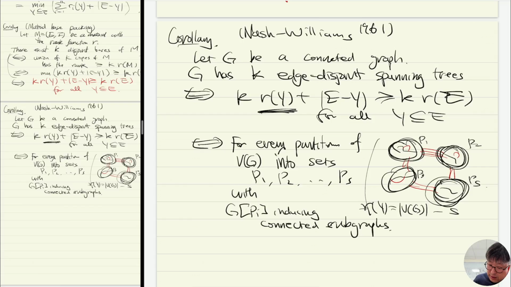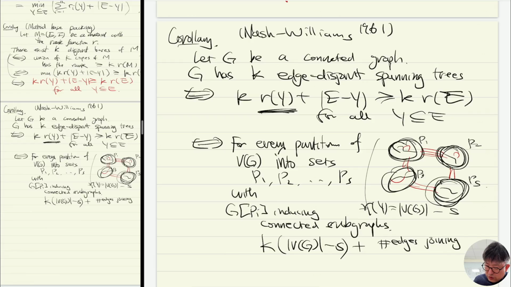now the left hand side is k times rank, which is k times (the number of vertices minus S), and the number of edges joining distinct Pi's is at least k times (number of vertices minus 1).